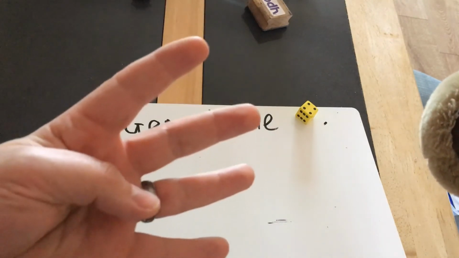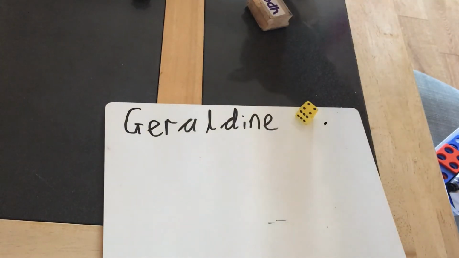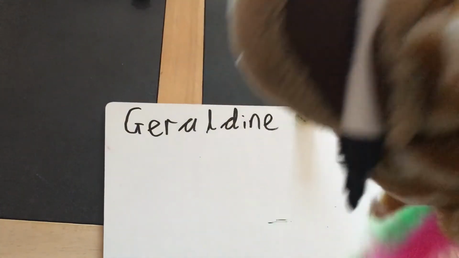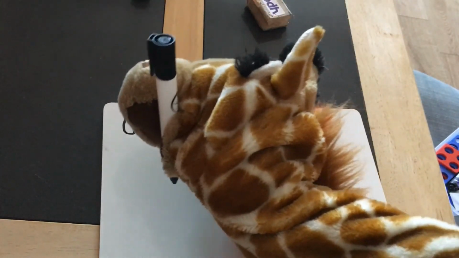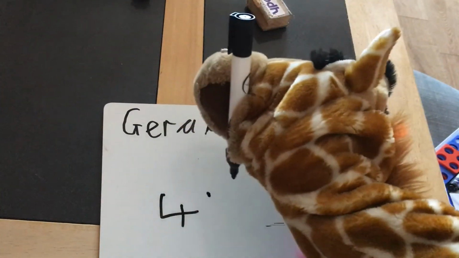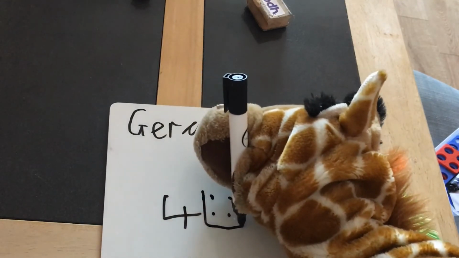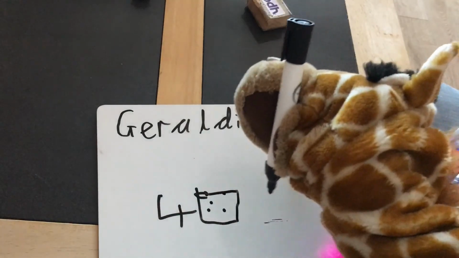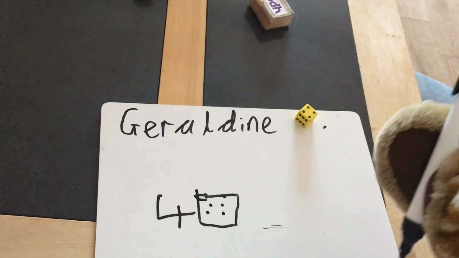The number is 4, Geraldine. Let's write that down if we can. No, not on the camera, on the board. Do we think we can do the dots for our dice? We've got 4 dots inside our dice.